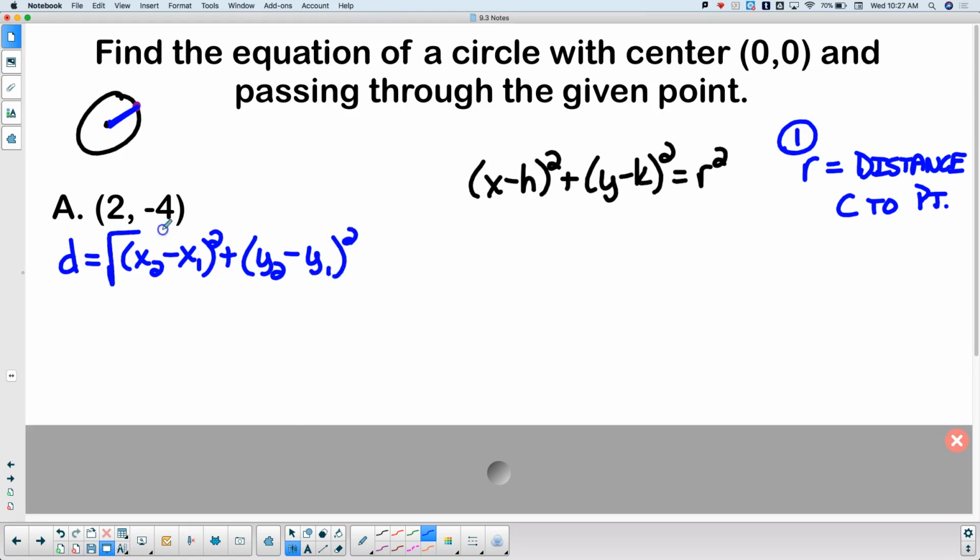And then you said big square root over all of that. Love it. Clea, I'm going to give you a couple of seconds to calculate the distance, or the radius.